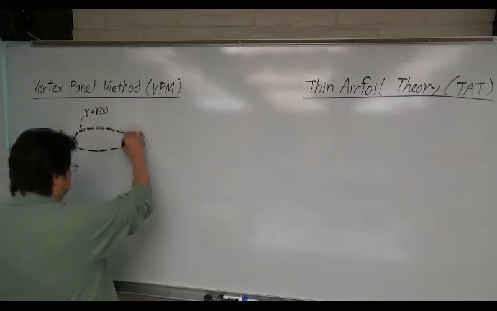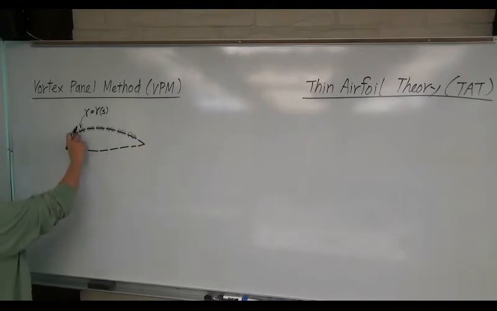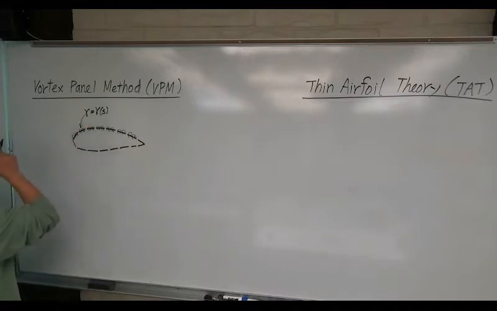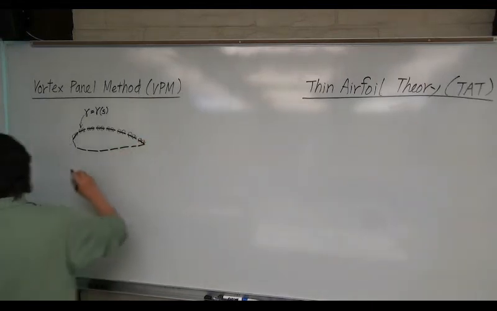So you can either put a constant value of circulation for each panel, which is the first order method, or you can linearly change the magnitude of circulation for each panel, which is called the second order method, which we covered in Unit C3.